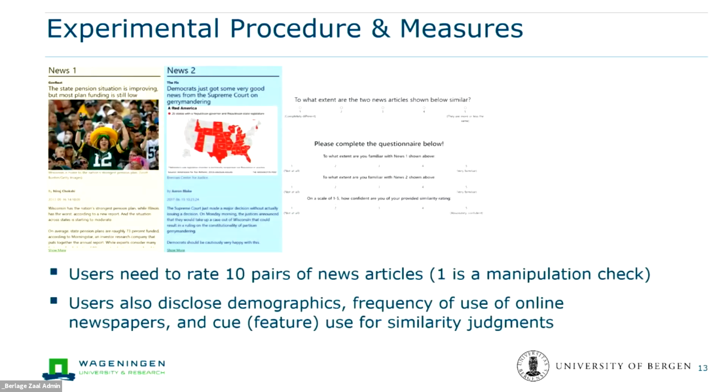So users need to do this 10 times. We used 9 observations because 1 was an attention check. And they also disclosed demographics, frequency of use for online newspapers, and to what extent they use different cues when making these judgments.